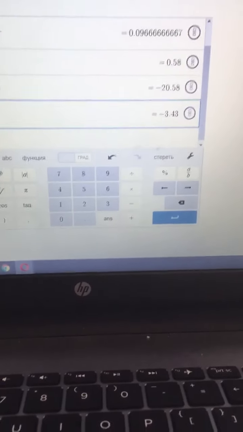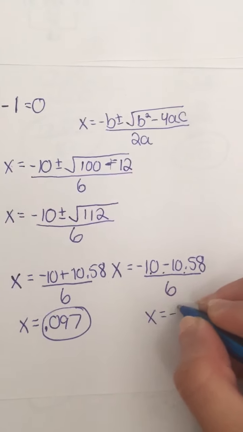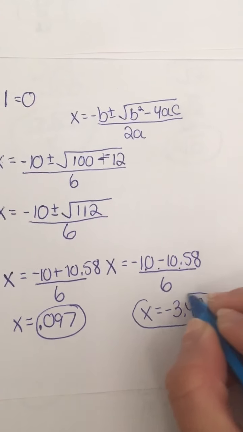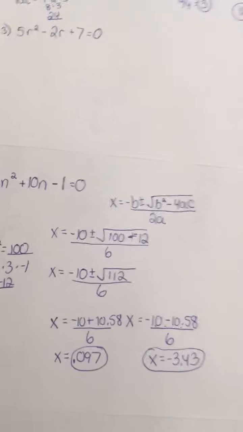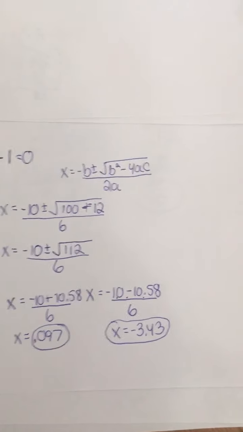And then divide that by 6. We get negative 3.43. So most of the time, these probably will not come out to be perfect squares because usually the perfect square ones are in fact factorable. So you just have to use your calculator to figure out the square root.